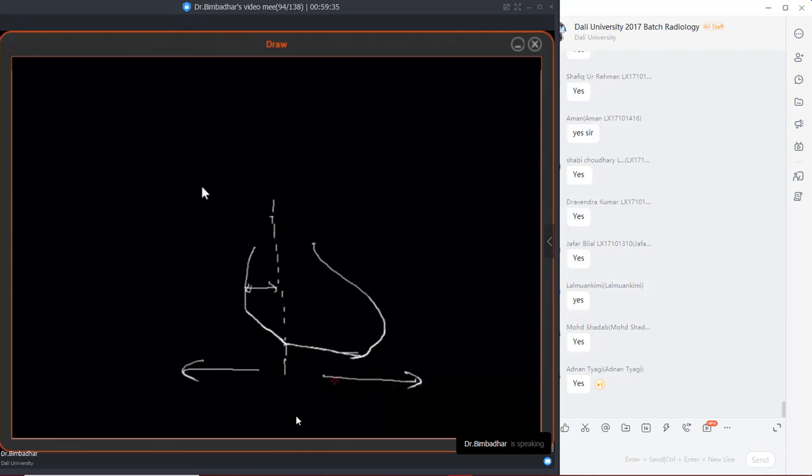If it is shifted to the left, the right heart border will come like this. So the right heart border will overlap with the midline.